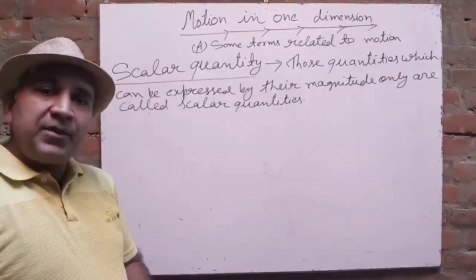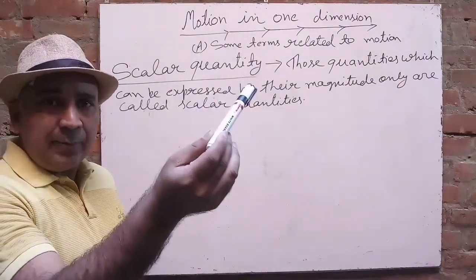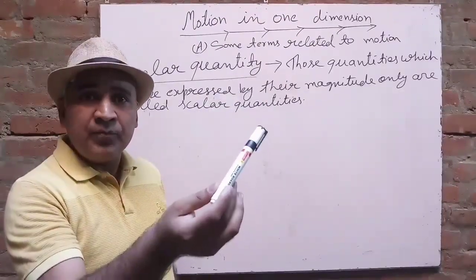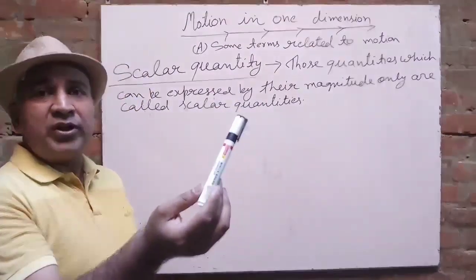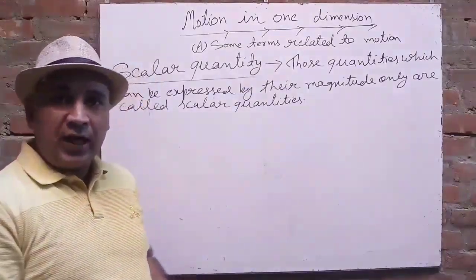One more example I am giving. Suppose the mass of this marker pen is 100 gram. So again mass is the quantity and it can be expressed only by magnitude. Understood?